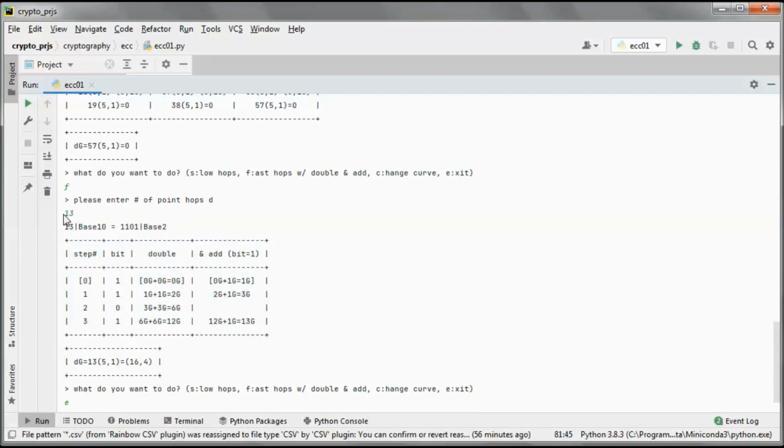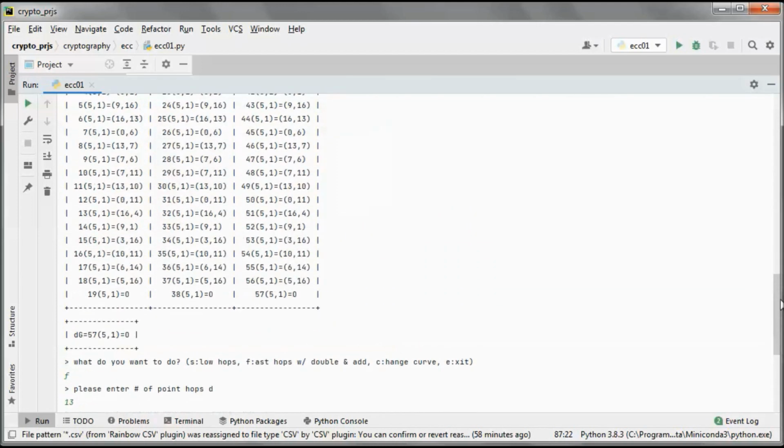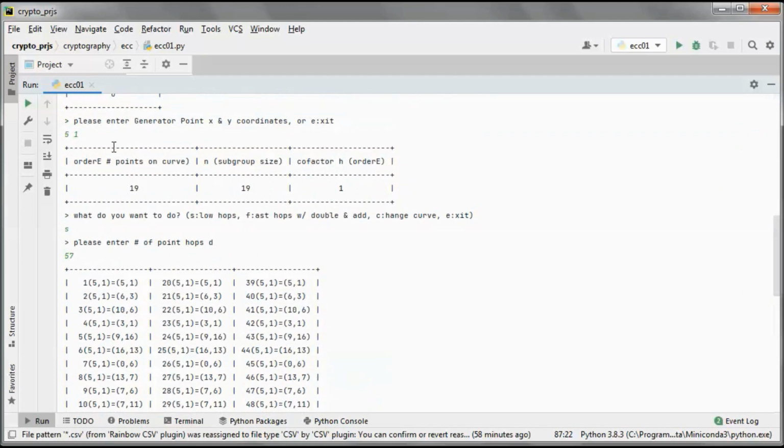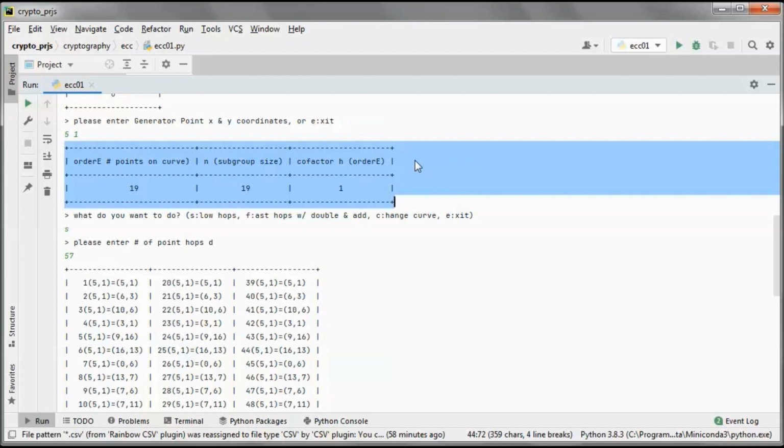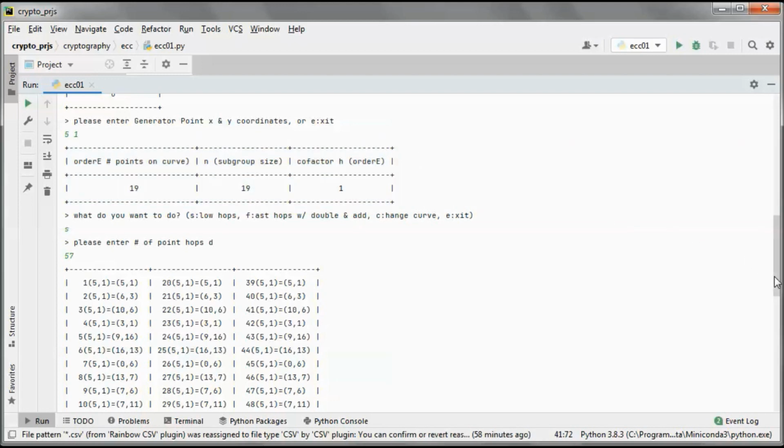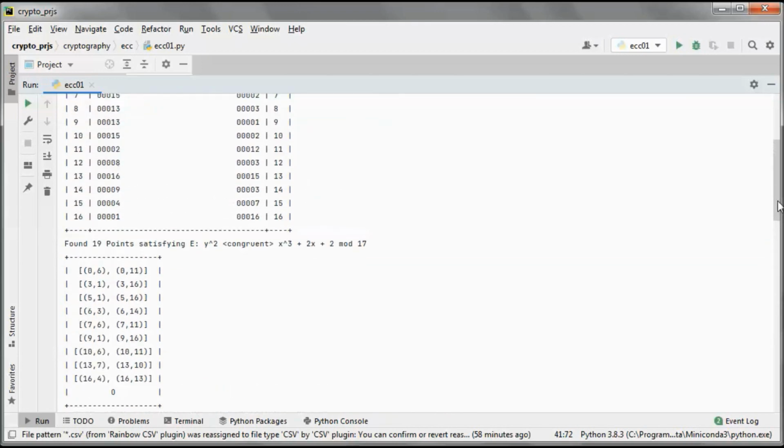So here we are doing 13 hops, and we ended up at this point, and this is generator point G, and D is the number of hops. And we'll also go over what this means while writing and test running the application.